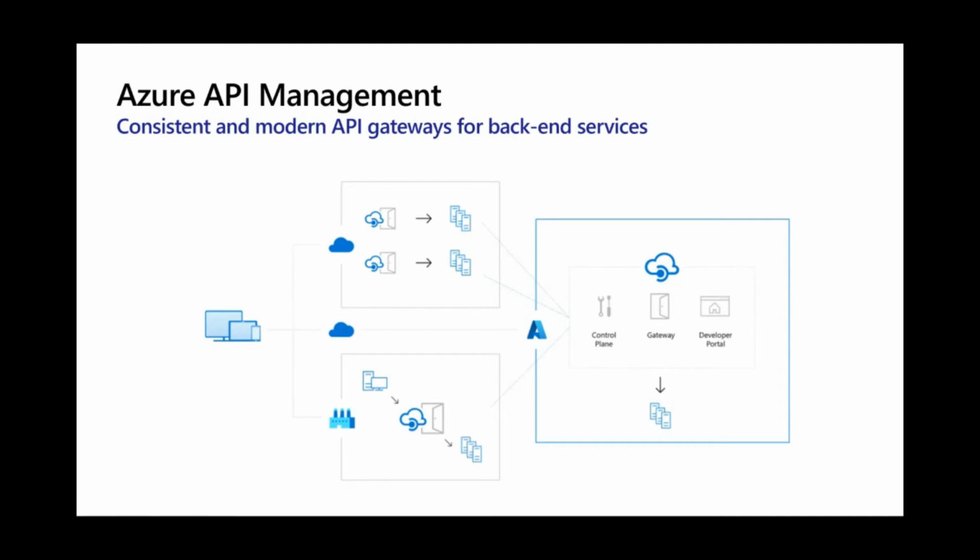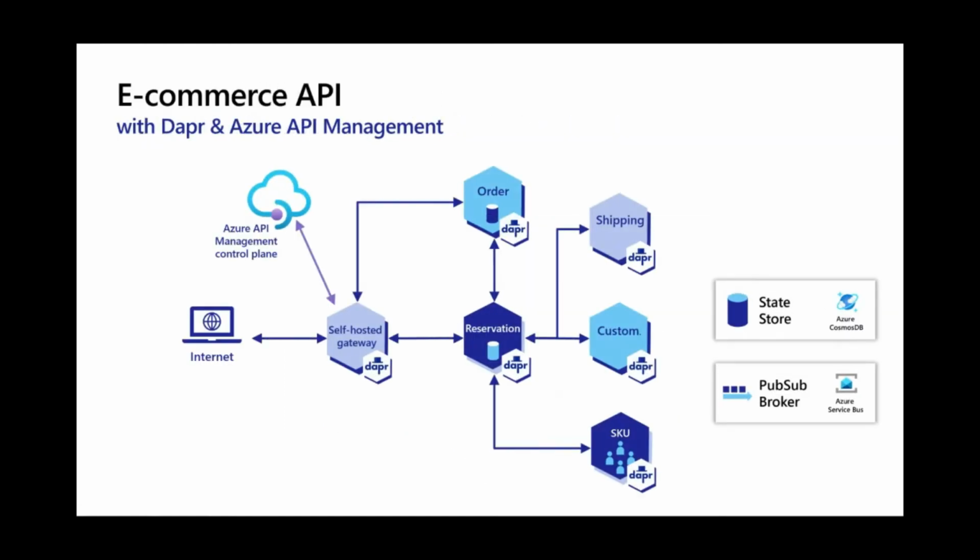Then we have the Azure portal, which is the administrative control plane where you configure your APIs, and then the developer portal where you publish the documentation and developers can test the APIs. In our scenario, we will leverage a very specific way of using the API management gateway, the self-hosted gateway.